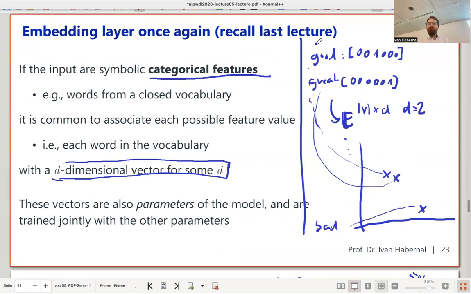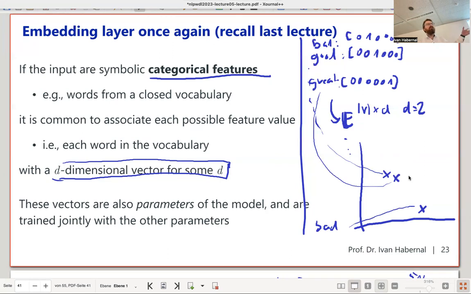In this vocabulary, bad would be maybe 0, 1, 0, 0, 0, 0. So there is no notion of similarity or meaning, but you might learn a projection that puts these words closer together in one space.